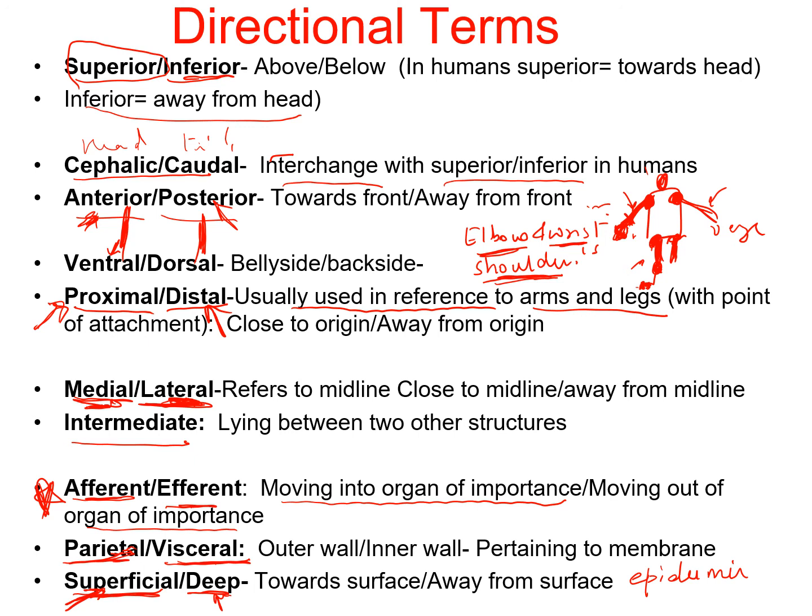And the deeper layers of the skin are the dermis, and then you have the hypodermis, right? You have heard of hypodermal needles. So the epidermis is the superficial layer of the skin.